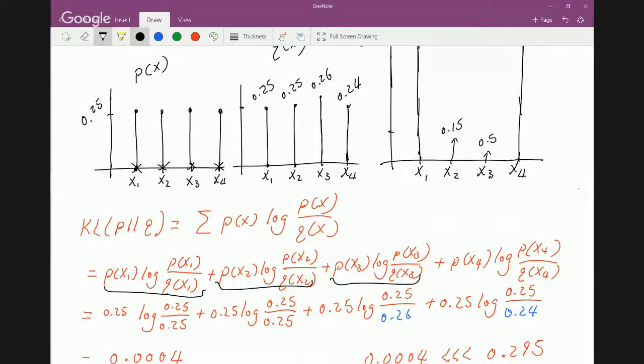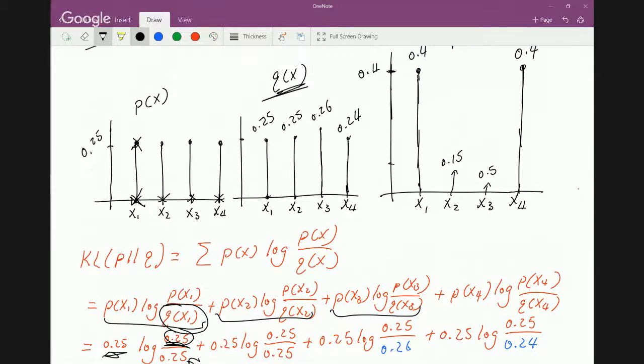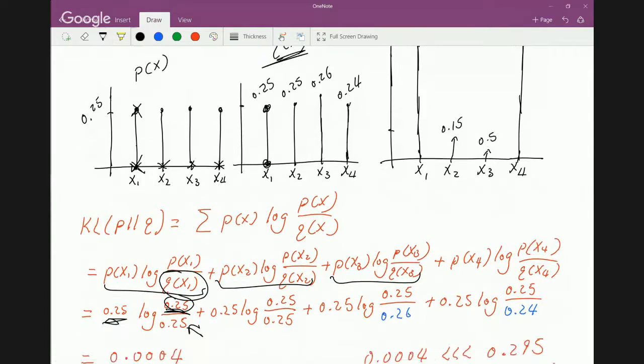The first point is 0.25 right here, and the numerator is 0.25. Then we look over here at Q, Qx1, so it's also 0.25.